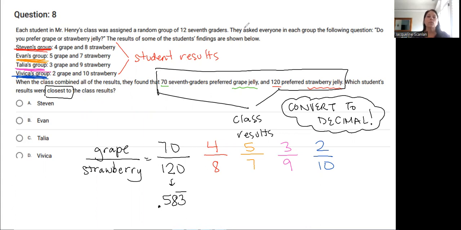So I'm going to go through and do the rest of these divisions. 4 divided by 8 is 0.5. 5 divided by 7 is 0.714, blah, blah, blah. I don't need to write down the whole thing. I'll explain that in a minute. Pink, 3 divided by 9 is 0.333333 repeating. And 2 divided by 10 is 0.2.